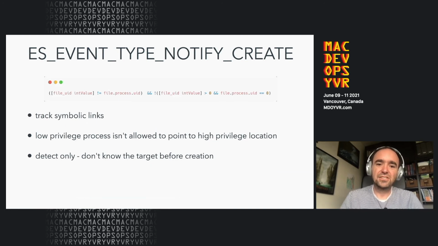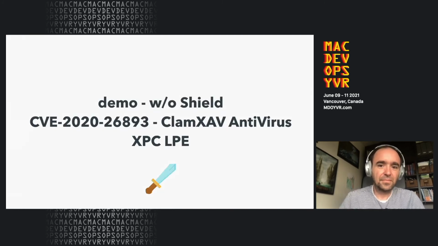So I can only check after it's been created. So this is detection only, but the logic is the same. A low privilege process shouldn't create a symlink pointing to a high privilege location, but it works. And I have a demo with an XPC exploit.